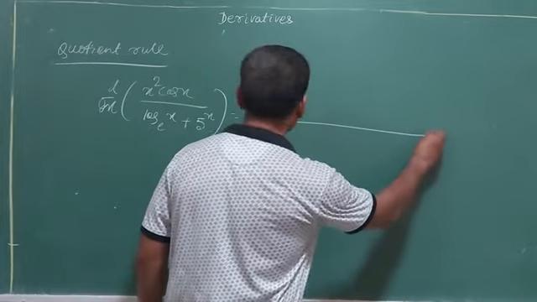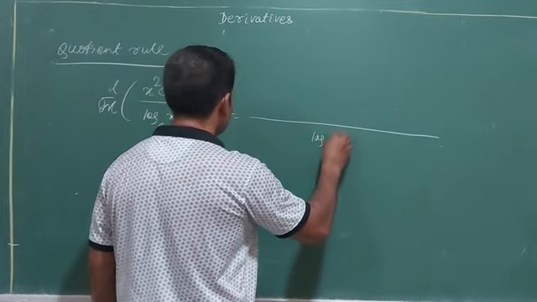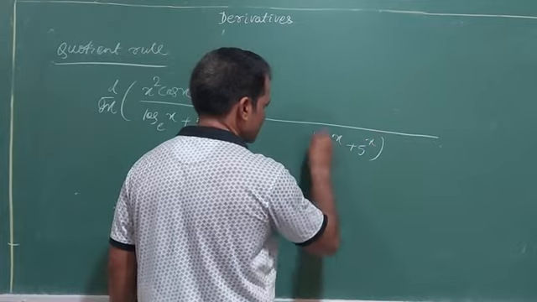Denominator whole square, log x plus 5 to the power x whole square.